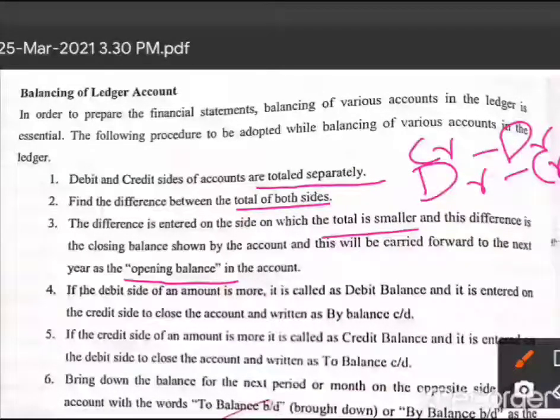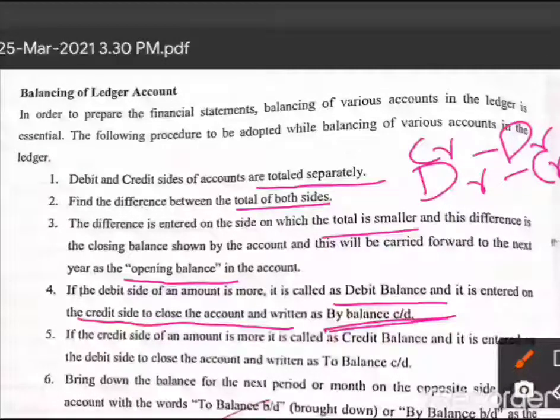Okay, so this balance will be carried forward as the opening balance. If the debit side amount is more, it is called a debit balance. For example, if it is 1000 at the debit side and 800 at the credit side, that is called a debit balance. Then it is entered on the credit side to close the account by writing "by balance carried down".